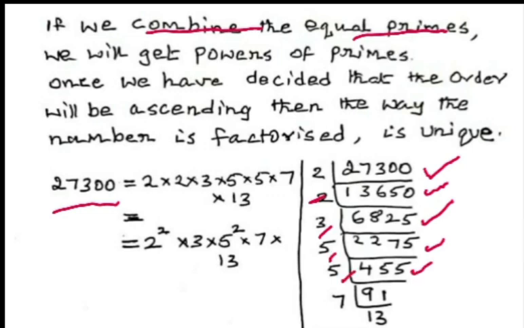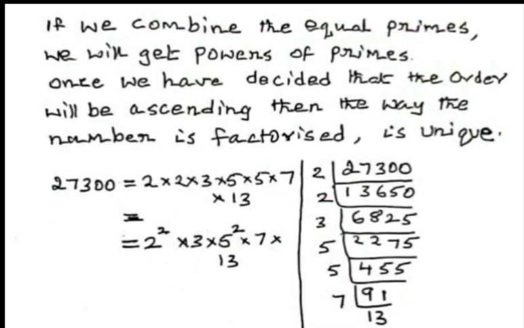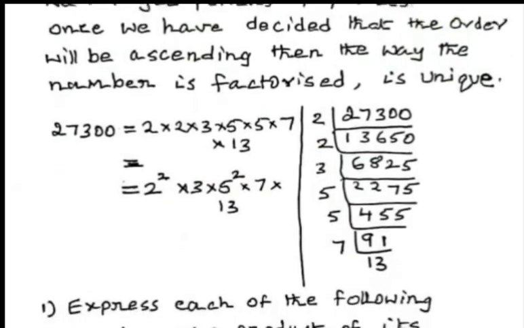And again, by dividing by 5, we get 91. Dividing by 7, we get 13. So this can be written as 2 square, 3 power 1, 5 square, 7 power 1, 13 power 1. So, if any prime number is repeated, then we have to write like this.